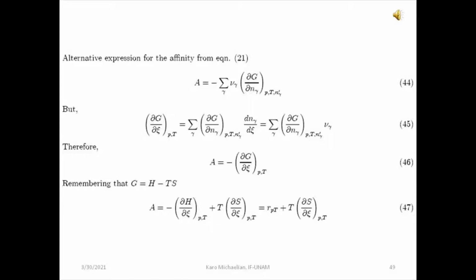So all other mole numbers are kept constant while we do the partial differentiation of G with respect to the component that we are looking at.